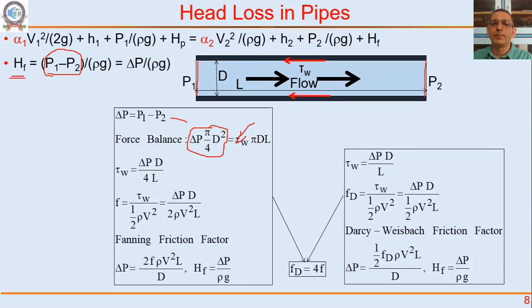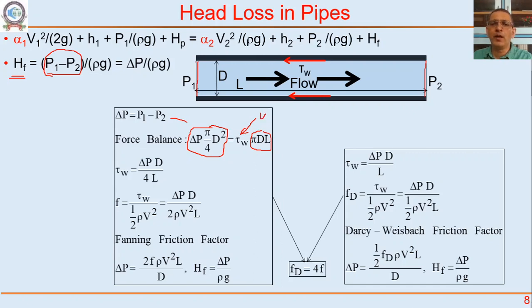Let's write this properly. This is the surface area, and this quantity tau W is the frictional force per unit surface area.